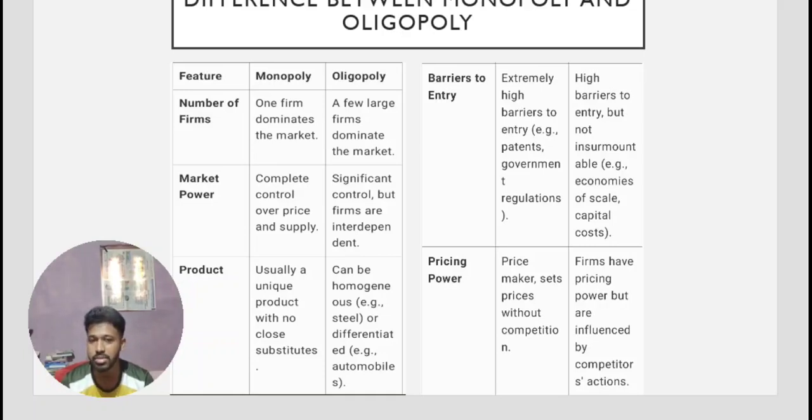Examples for monopoly: utility companies like electricity and water supply. In oligopoly: the automobile industry, oil companies, telecommunications.